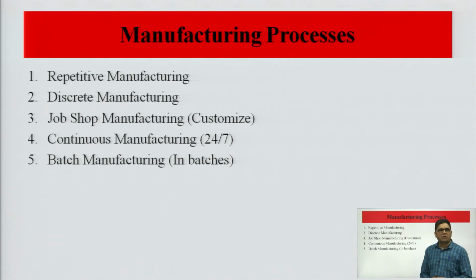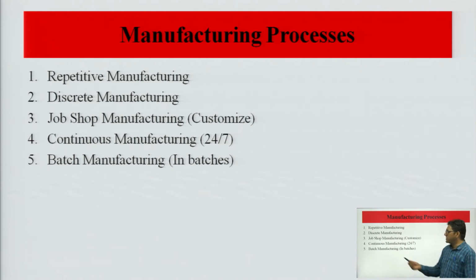Next, it is about discrete manufacturing. Discrete manufacturing is where we are using different products. Unlike the earlier one, repetitive manufacturing, here in each process our method of manufacturing is going to be different; it will not be similar. Maybe because our product is different or has a little change compared to the earlier one, we will have to modify or change our manufacturing setup or framework.